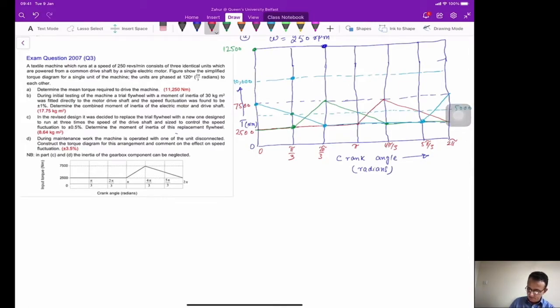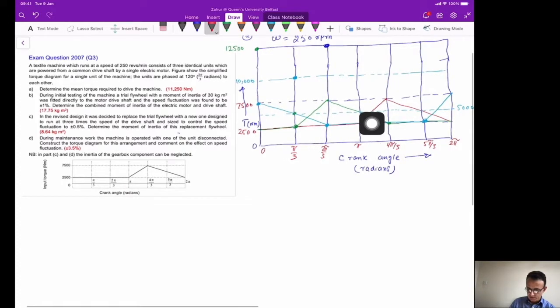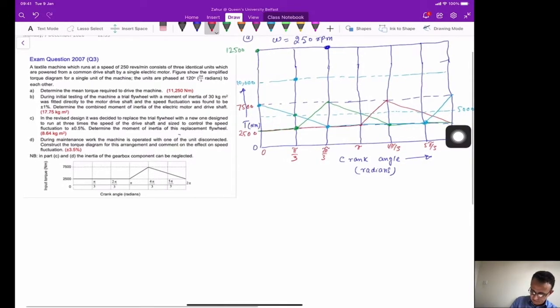And then at this next location, which is at pi, you have two torques, which is 2500, and one is 5,000. So the result will be 10,000 here. So this will be the point, and the next, then this point, and then this point, and then you have this point here.